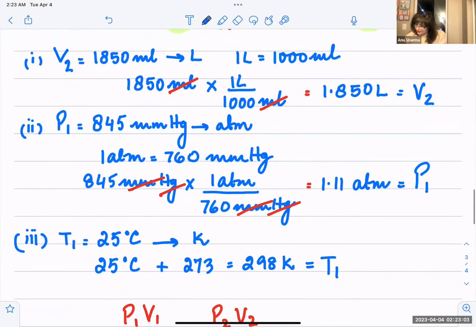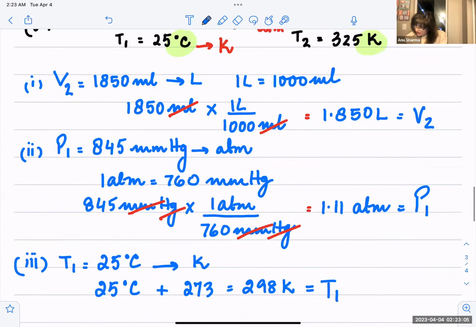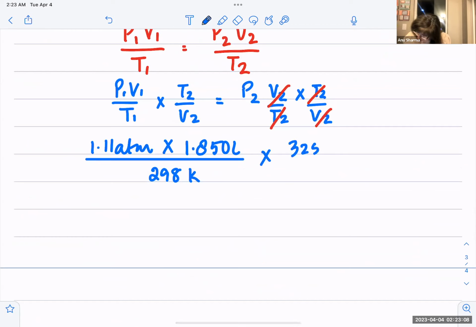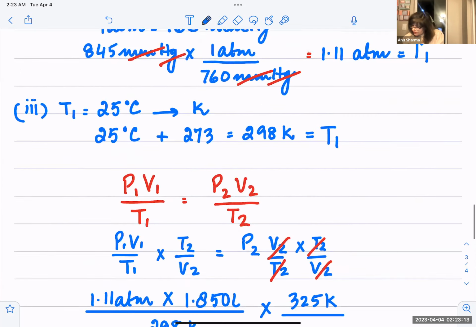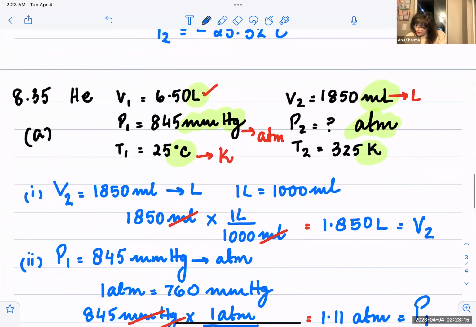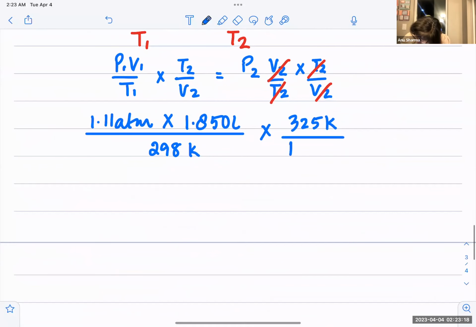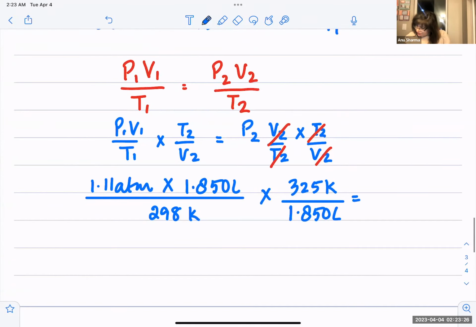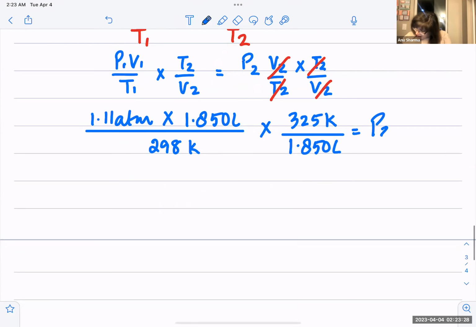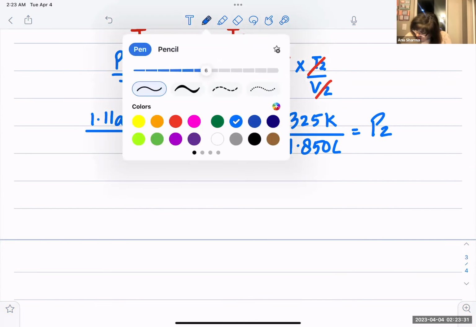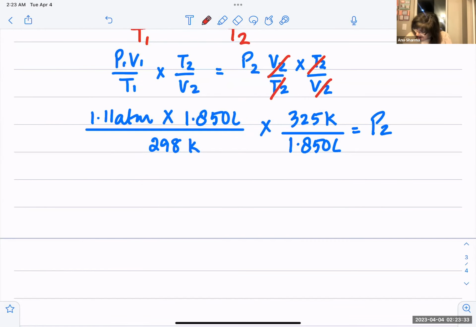T2 is 325 K, over V2, which is 1.850 liters. This whole thing is equal to P2. If you look at it, K and K cancel out, liters and liters cancel out, and you're just left with the unit in ATM.